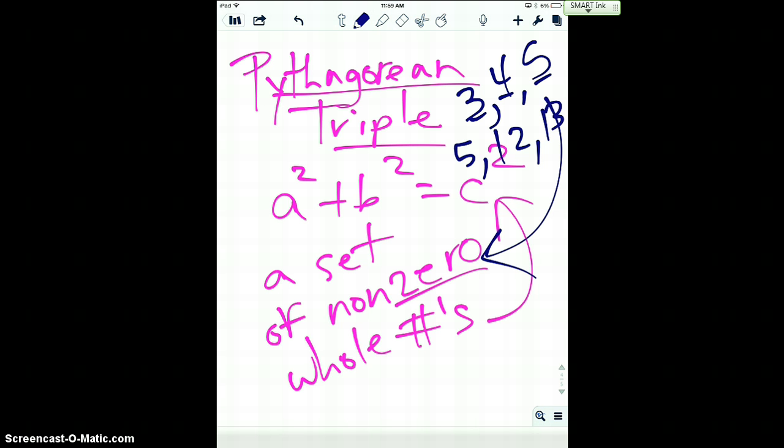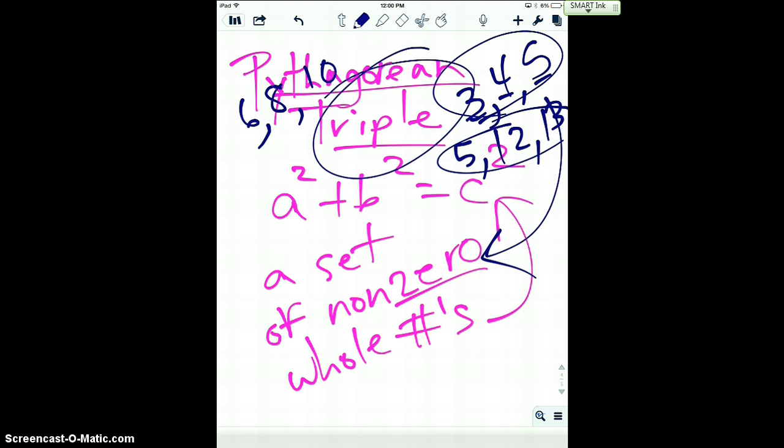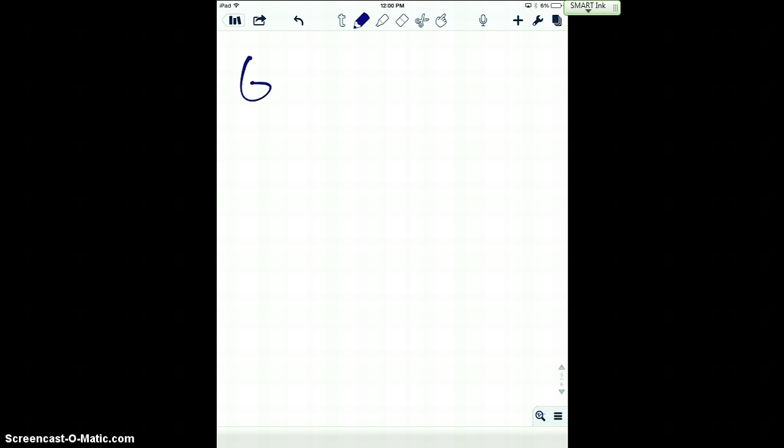You can keep going, but you could also double this and get another one that works: 6, 8, and 10. You could double this one to get another one that works, and so forth. So that's just something to keep in mind. Set of non-zero whole numbers. Pythagorean triple.